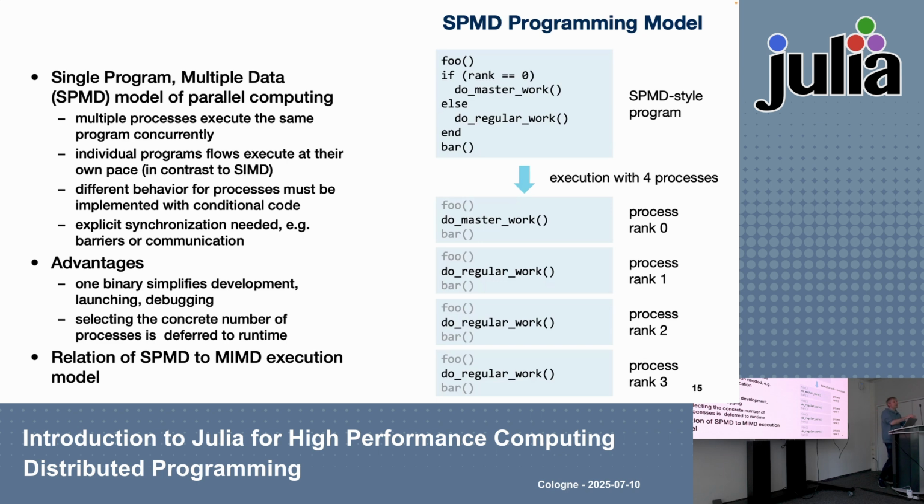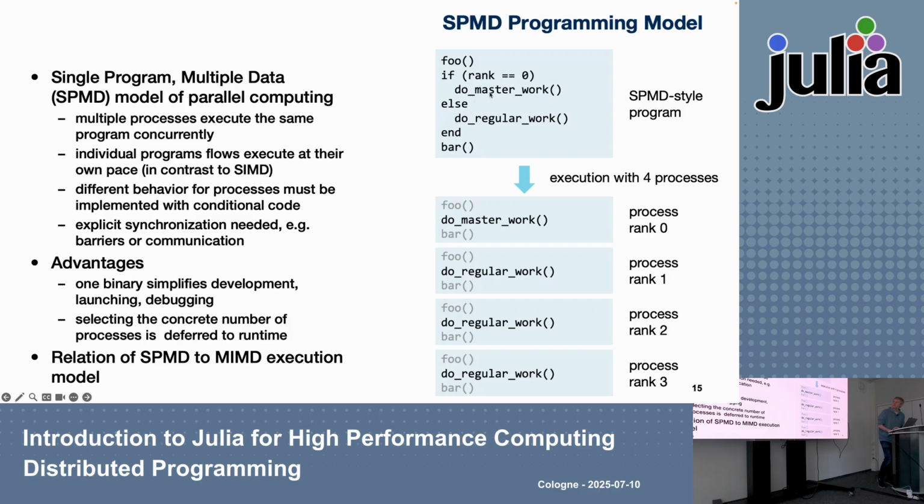Therefore, usually rank 0 has a special role of orchestrating the calculation or distributing the input data, something like this. So this is just a typical model of programming this.